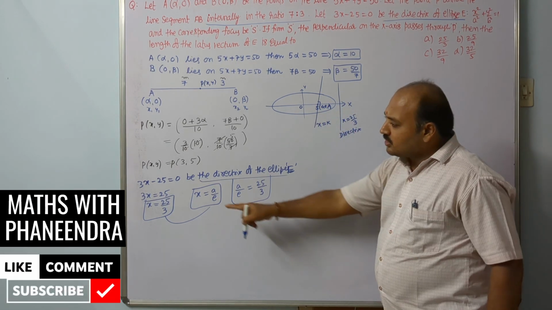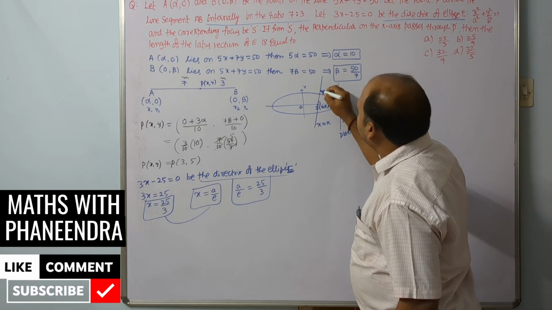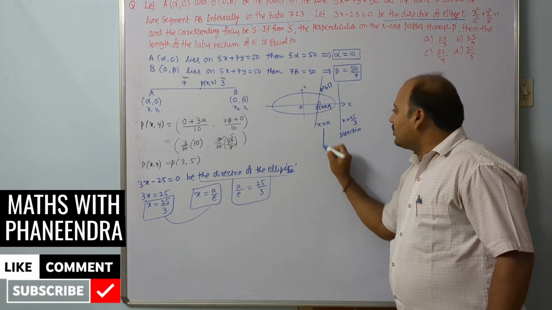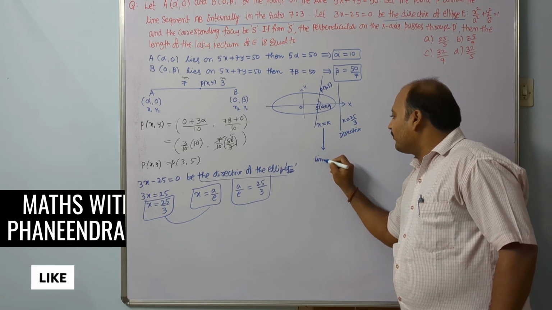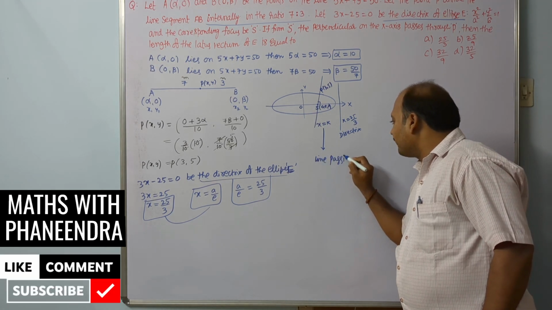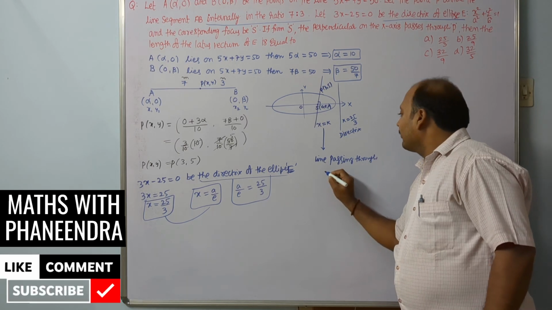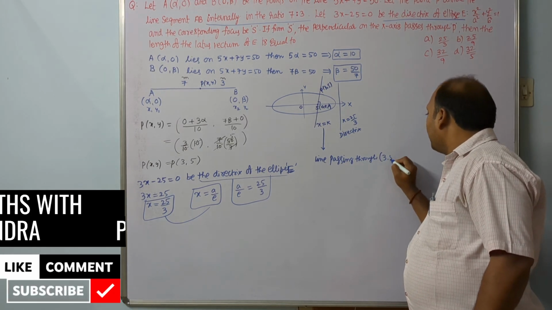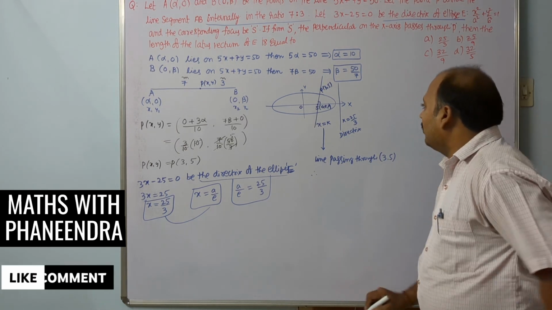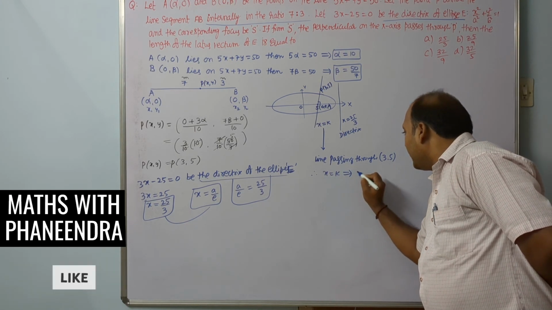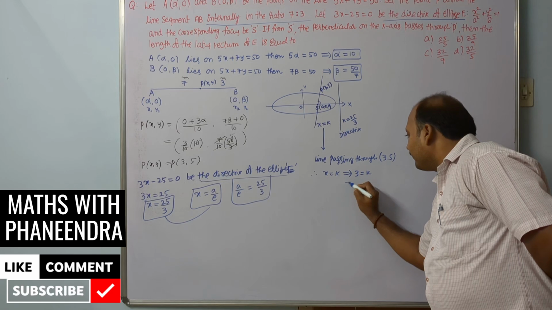This line is passing through which point? (3, 5), they said. So the line x is equal to k is passing through (3, 5). Therefore, x is equal to k implies 3 is equal to k.